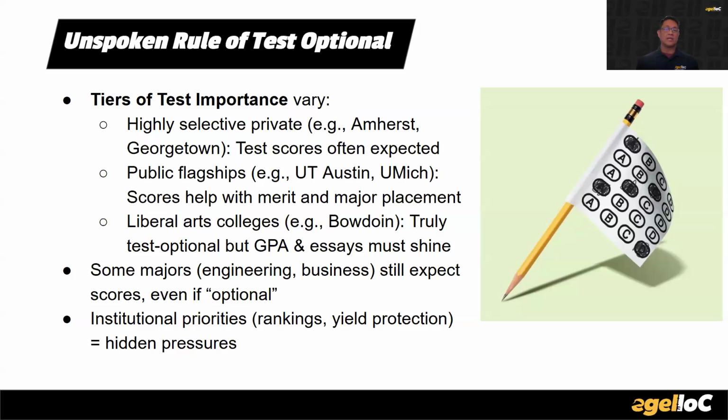Large public institutions like UT Austin or University of Illinois Urbana-Champaign, which is my alma mater, even test optional, scores are used for merit aid and major placement. And so that's another consideration when we're talking about the unspoken rule of test optional. Okay. Some majors like engineering and business still expect scores even if they're optional.